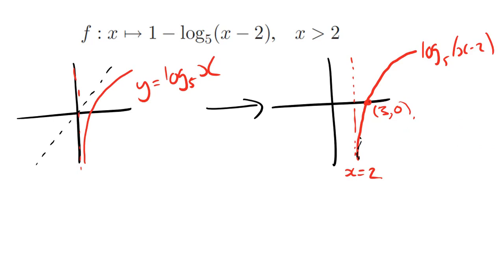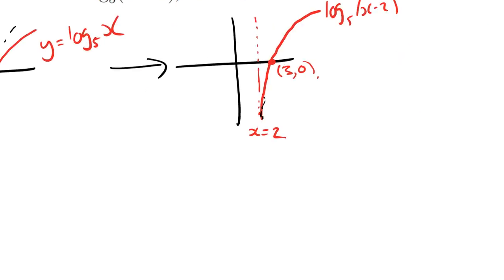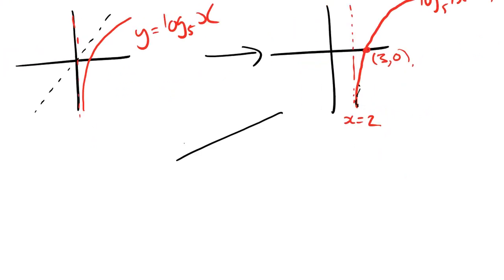Okay, what next? Well, we've got a minus sign in front of it. So what will that do? Well, if you remember your transformations, minus f of x is going to be a reflection, but do you know what axis? It is going to be a reflection in the x-axis. So if I was going to be drawing, where should we put it? Let's draw it over here.